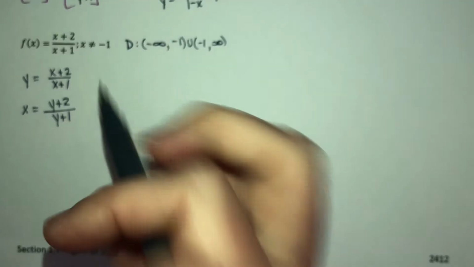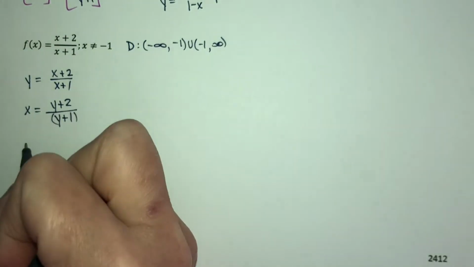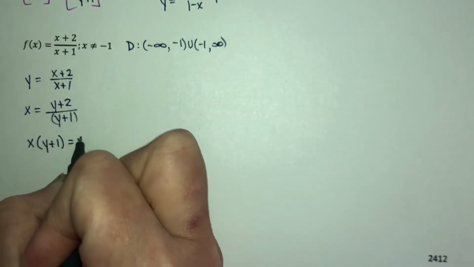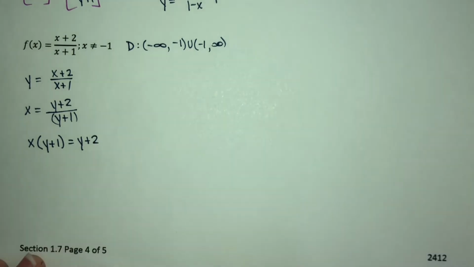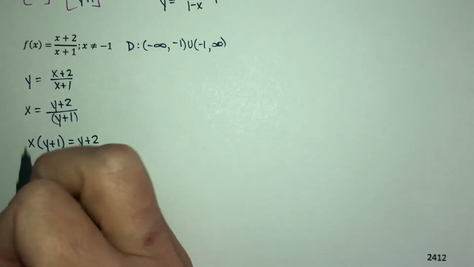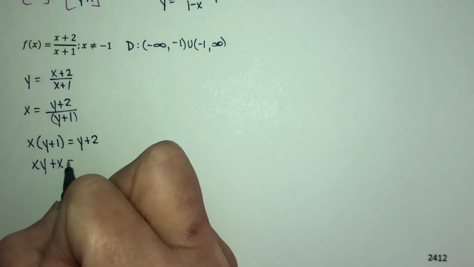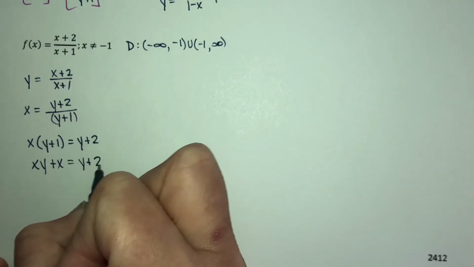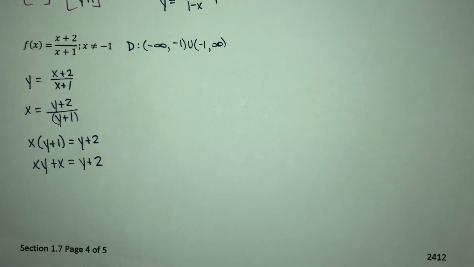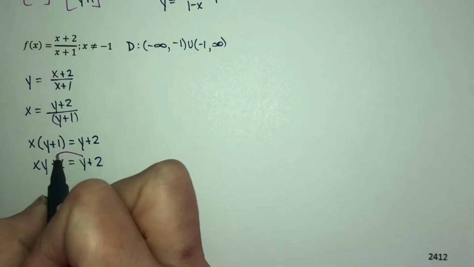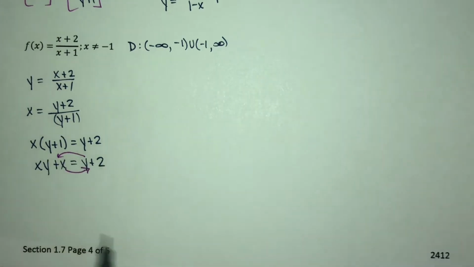And multiply both sides by y plus 1 to get rid of the fraction. I'm going to distribute the x. xy plus x is equal to y plus 2. Now I want to get my y's on the same side, sorry. So I'm going to move this over to here and move this one over to here.